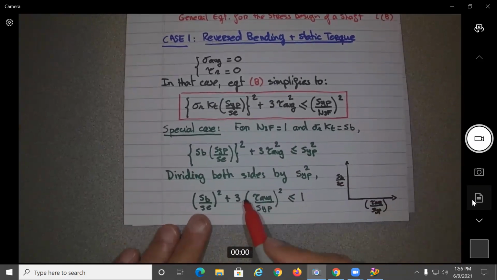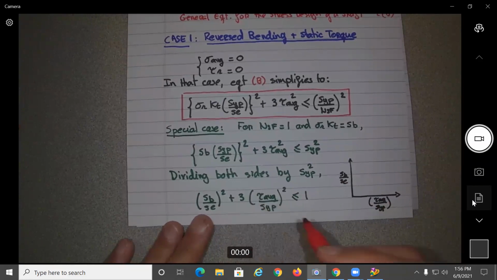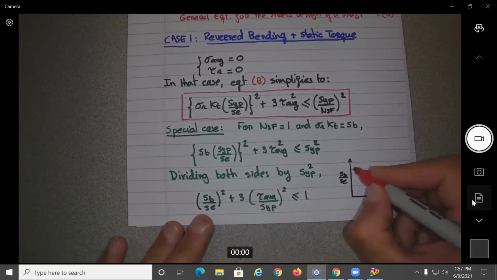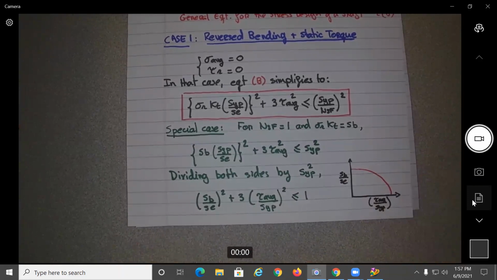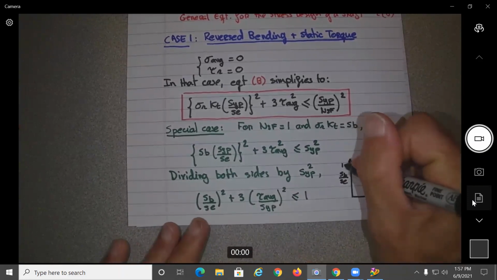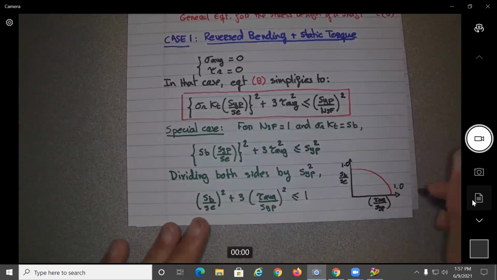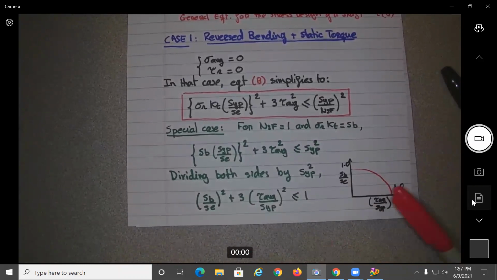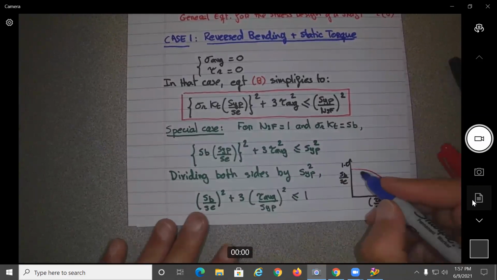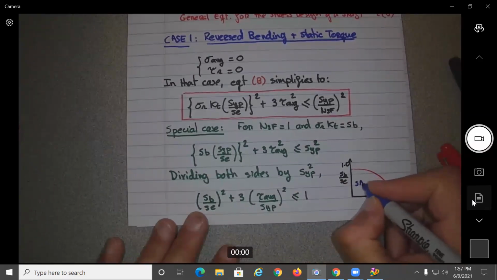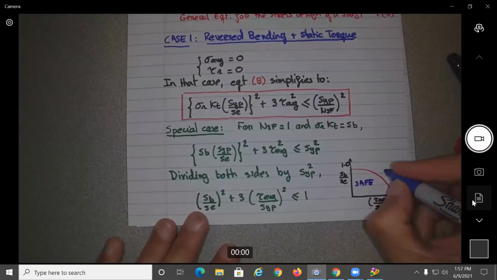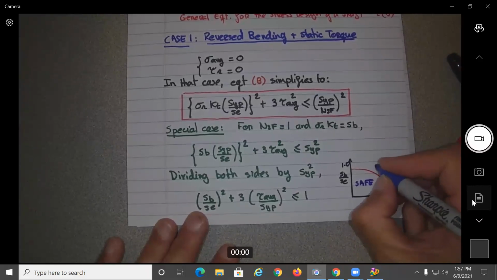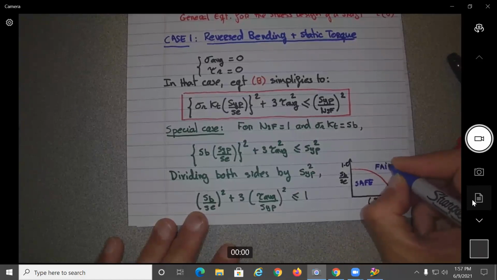It's not going to be a circle because there's a 3, but it should be some type of ellipse, where this will be 1 and 1. So if you do this figure, what it shows is that if you are under the curve, your structure will be safe. And if it's outside the curve, your structure will fail.